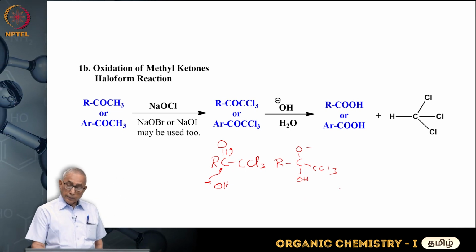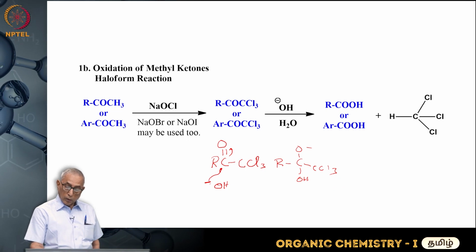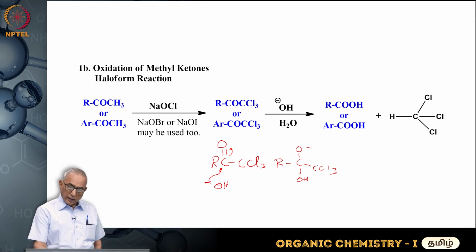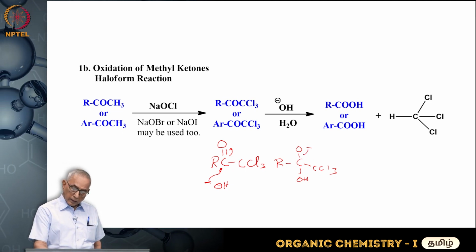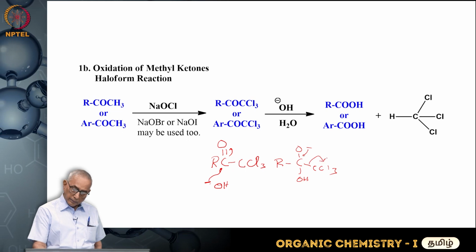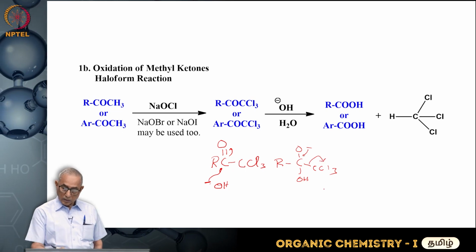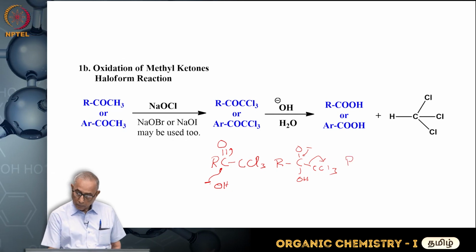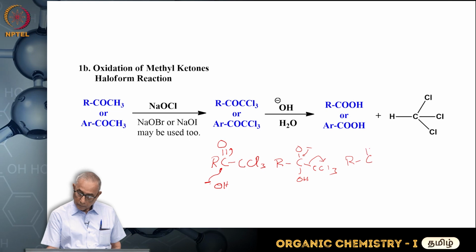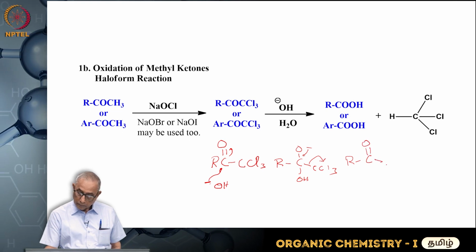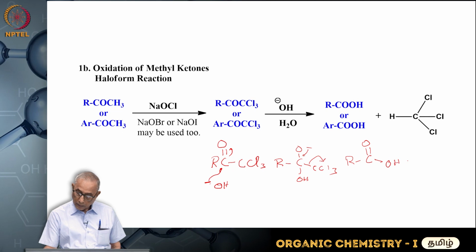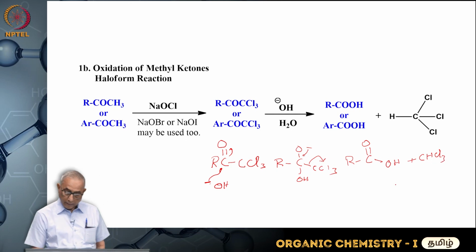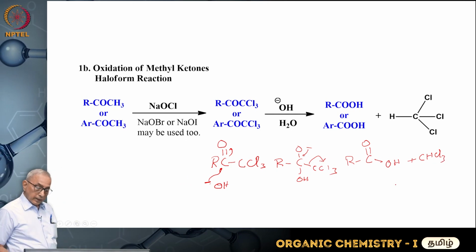The CCl3 is a very good leaving group because there are 3 chlorines. The 3 chlorines attached to carbon make it very highly negative. The electrons will be pulled easily towards the trichloromethyl group and you get RCOOH plus CHCl3. This is how this reaction takes place.